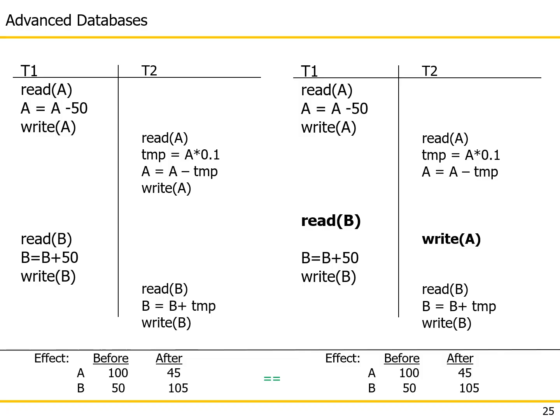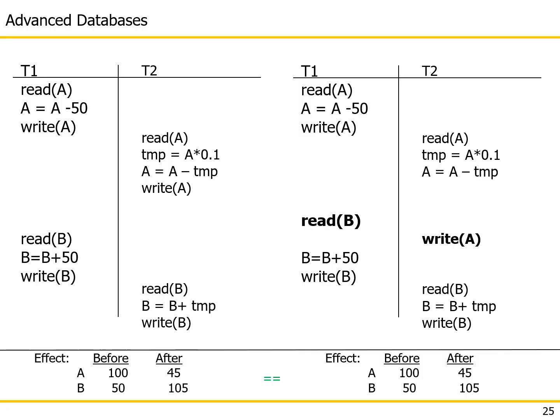And then when a context switch happened again, we are now writing A, which is completely unrelated to what we are doing in T1. So what this means is that there are overlaps that are safe, and what you're looking at are examples of safe overlaps, because whatever you're going to do next after the context switch, after you go to the other transaction, is not related to what you were doing in the first one.